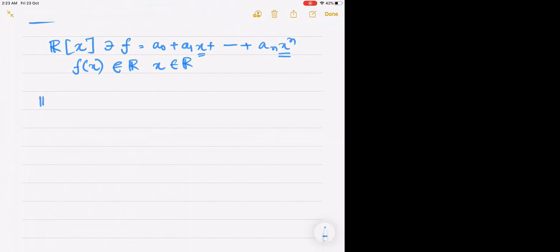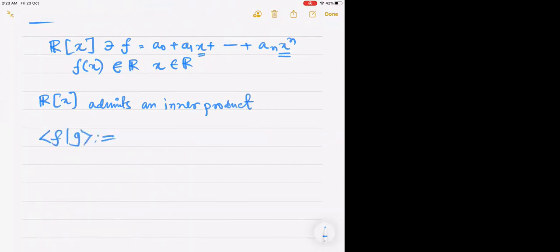So R[x] admits a definition of inner product. For two polynomials f and g, I can define the inner product to be the integration from 0 to 1 of f times g. Notice that these polynomials may not be integrable over the whole of R, that means the integration from minus infinity to plus infinity may not converge, but this certainly does for two polynomials.